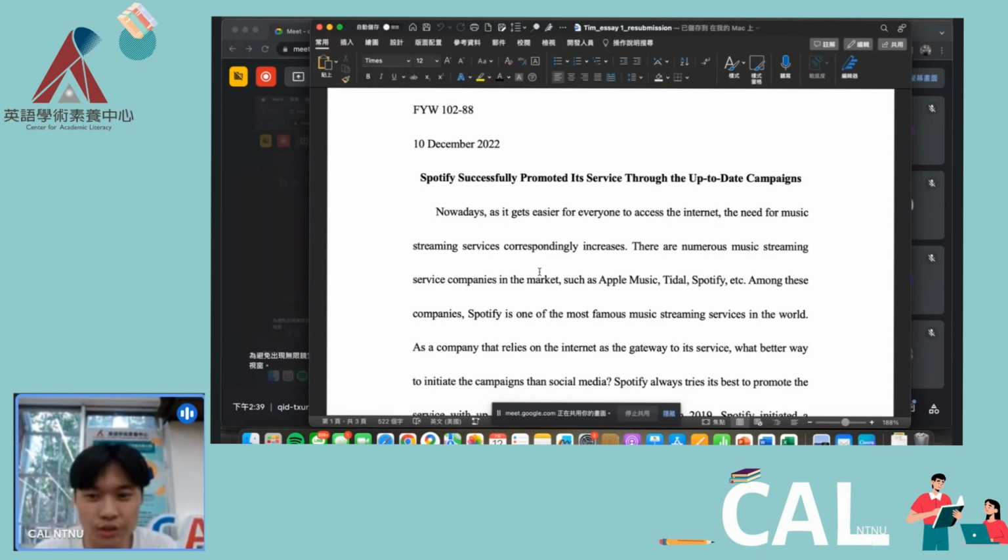And the tutor told me that I could think about who Spotify was mostly targeting for the promotion of their music streaming services. For this one, as you know, it's probably teenagers, right? Or people in their 20s and 30s. So that would be the generation between millennials and Gen Z, and how people in this generation receive new information, which is mostly from social media, right?